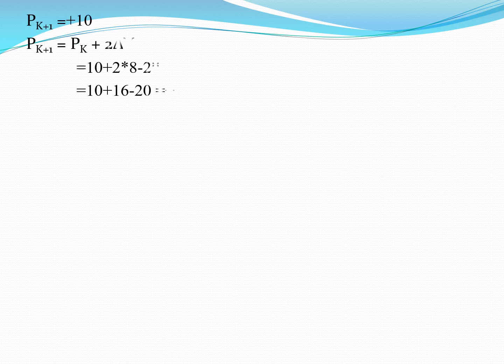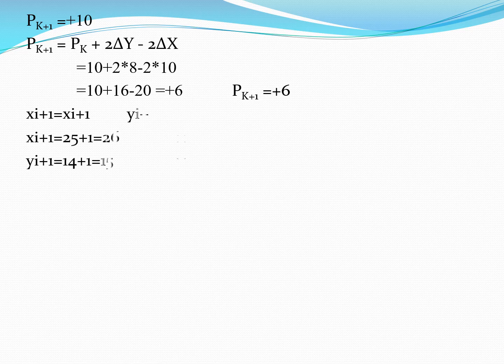Now with positive 10, using again the same formula, pk plus 2 delta of y minus 2 delta of x, what pk value do we get? We get a positive, then we simply increment the x and y values by plus 1. So what is the answer? 25 plus 1 is 26 and 14 plus 1 is 15.